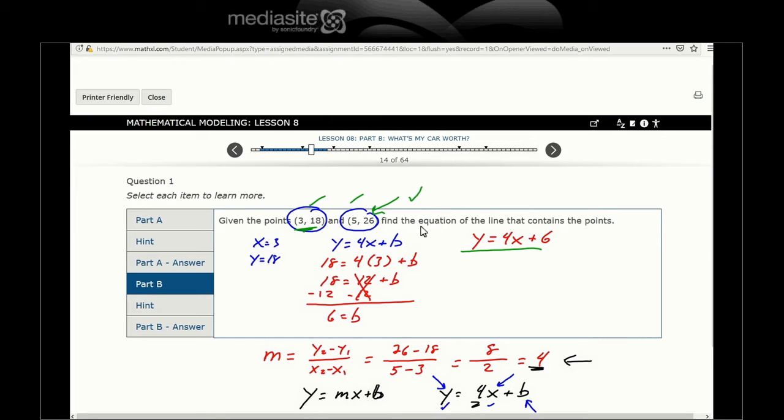If y is 26 and x is 5, 4 times 5 is 20, I add 6 to it, and that should be a true statement. 26 equals 26, and that is a true statement. So I would say y equals 4x plus 6 is the answer.